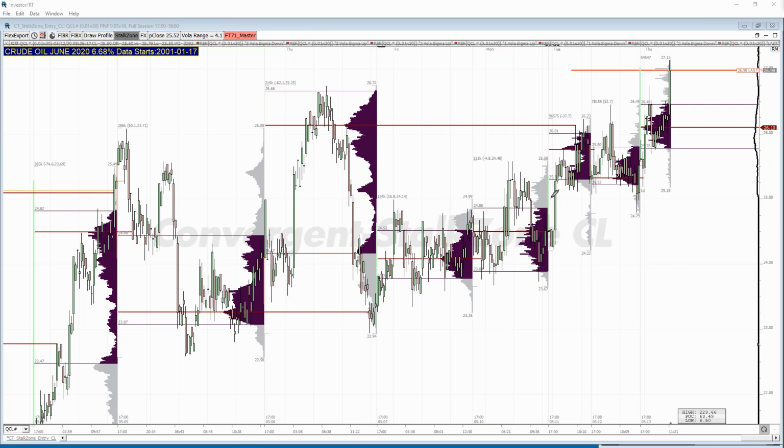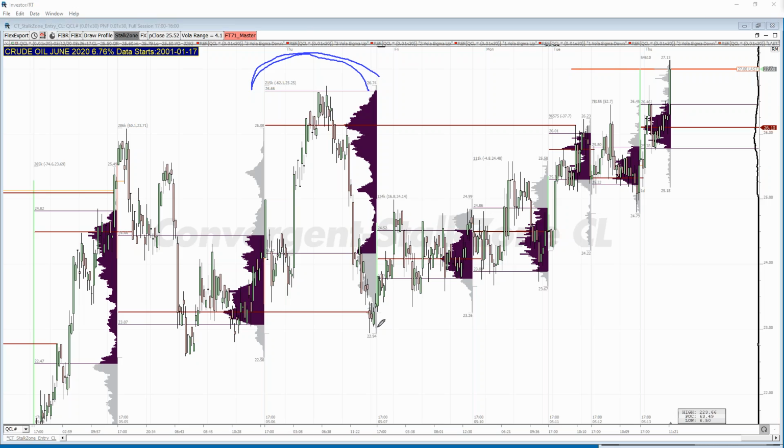You have to look beyond and understand that a day like this one is a price discovery day. When active price discovery is occurring, there is no such thing as value, so there is no such thing as a value area.